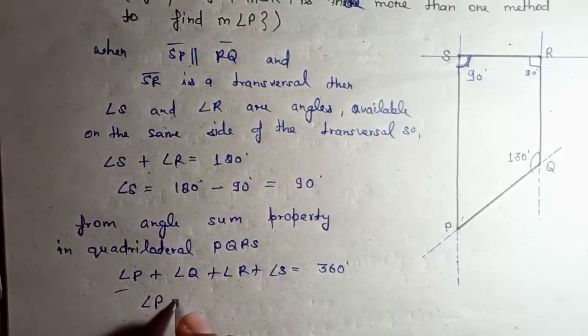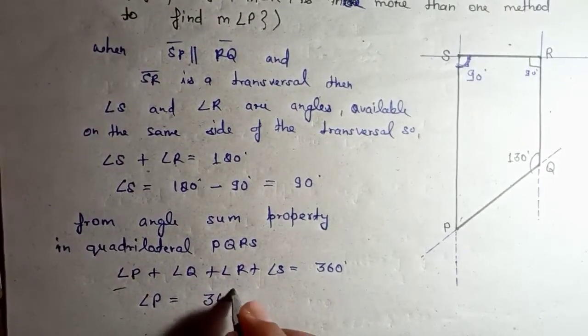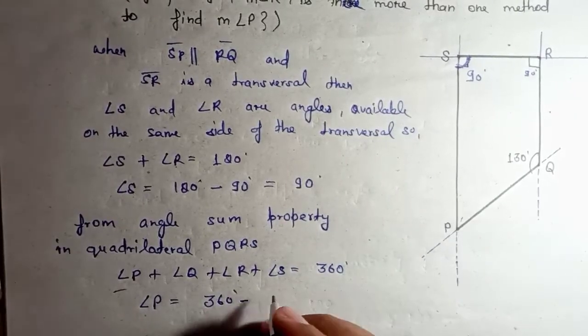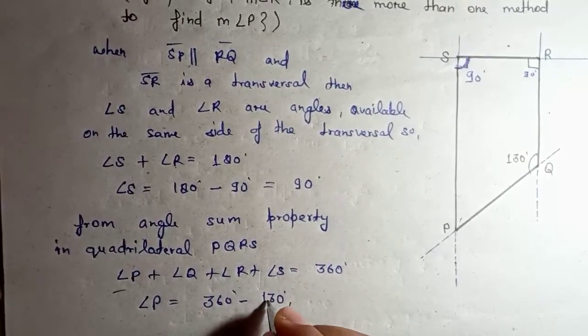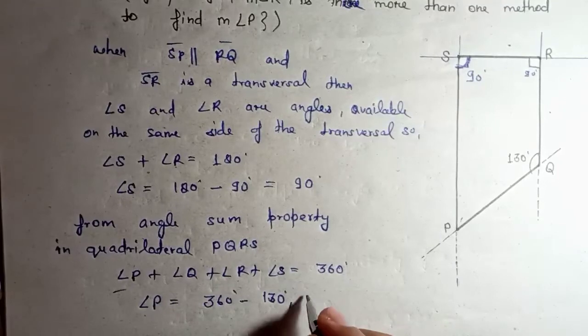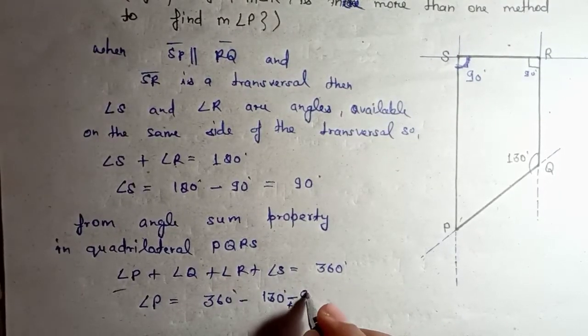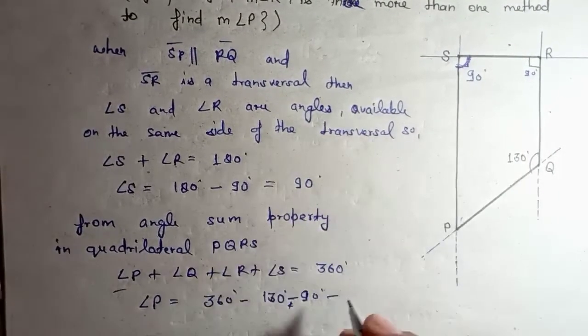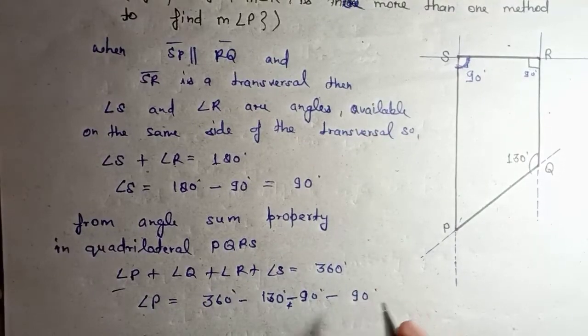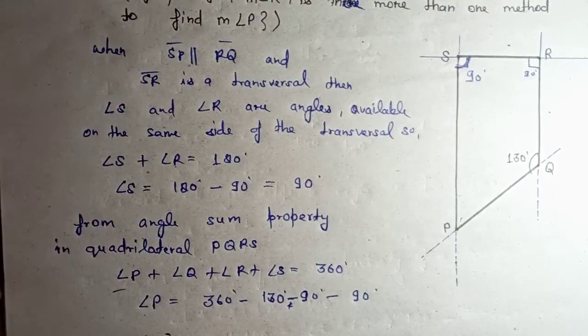So angle P is equal to 360 degree minus angle Q is 130 degree, minus angle R is 90 degree, and minus S is also 90 degree. So we have the value angle P is equal to 50 degree. So angle S is 90 degree and angle P is 50 degree. Here it is.